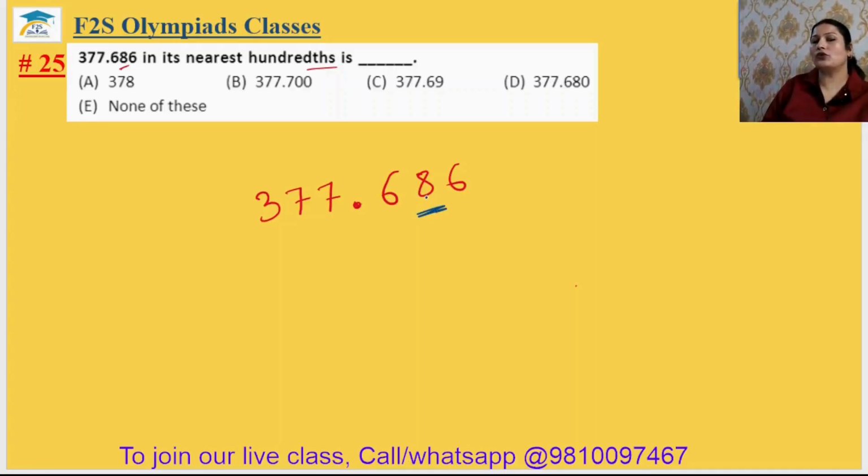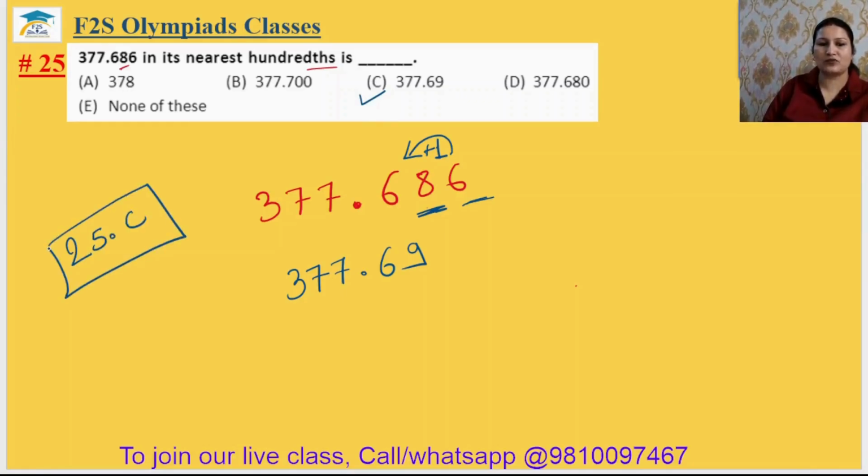If we have to round off at the hundredth position, we will check the thousandth position. If the thousandth digit is 5 or more, 1 will be added in the hundredth position. So its rounding off will be 377.69. That is in option C. The 25th answer is option C.